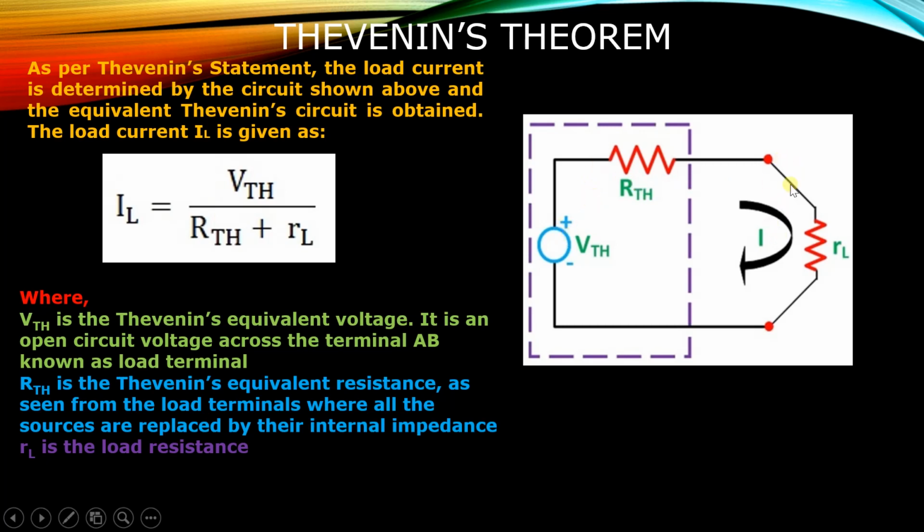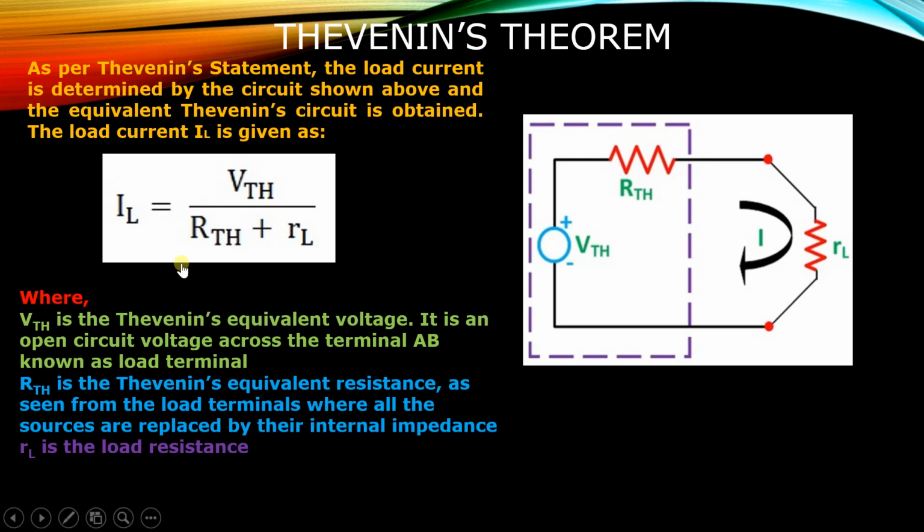And here we reconnect the load resistance which we removed in the first step. We have to find the load current through this RL terminal. So IL equals Vth divided by Rth plus RL, where Rth is the equivalent Thevenin resistance and RL is the load resistance.